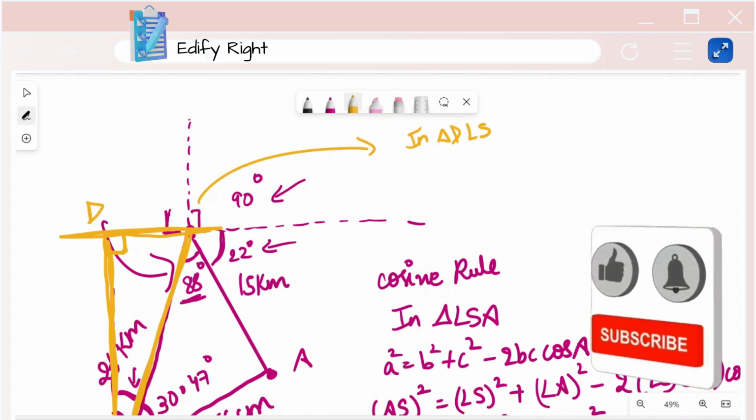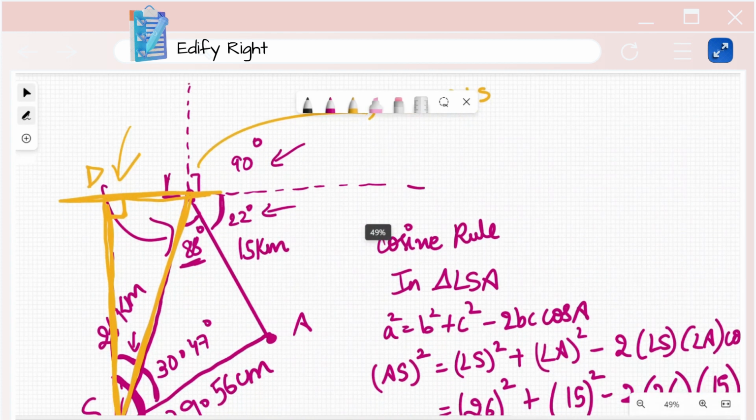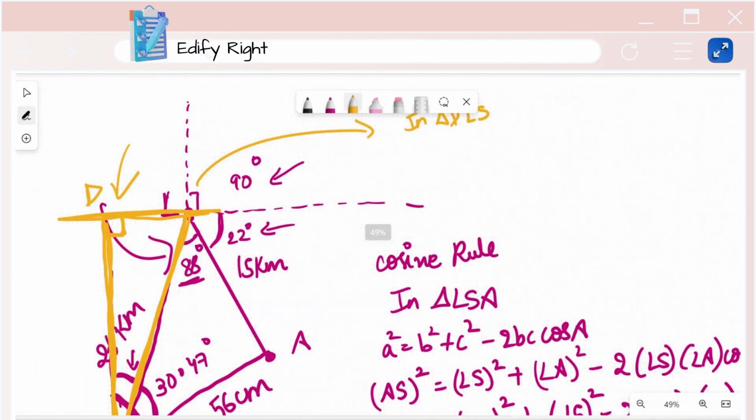In triangle DLS, angle D is obviously 90 degrees because it's perpendicular to the horizontal, and then angle L, this angle, is easy to figure out. You just need to use linear pair. So here 88 plus 22 plus this angle over here will sum up to 180 degrees. So use that logic, you get this angle to be 70.